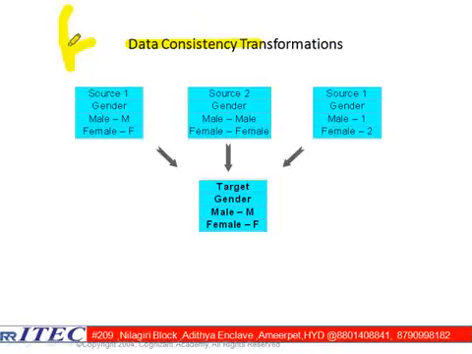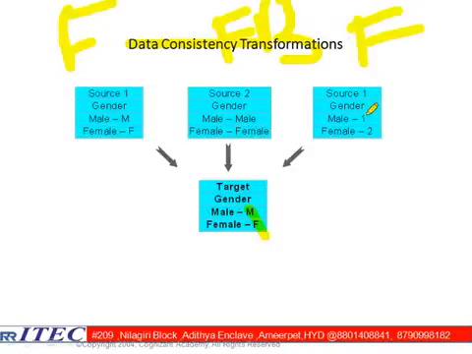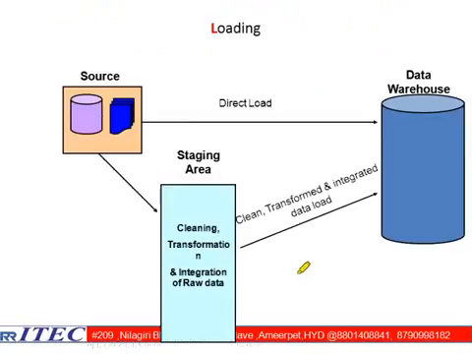From some other application, let us say a Facebook business application, the data comes differently. But at the end of the day we convert it into a single format, M and F. Even though zeros, ones and twos are available here, those are also converted into M and F. This is called consistency.